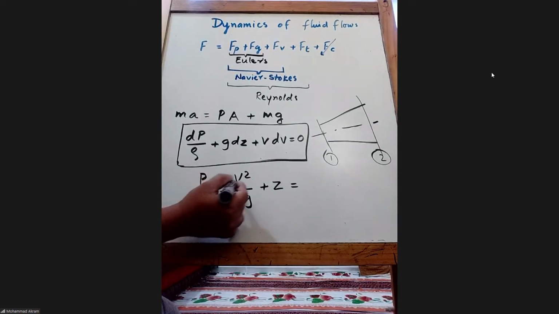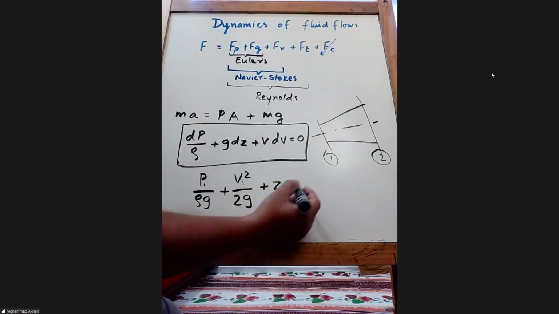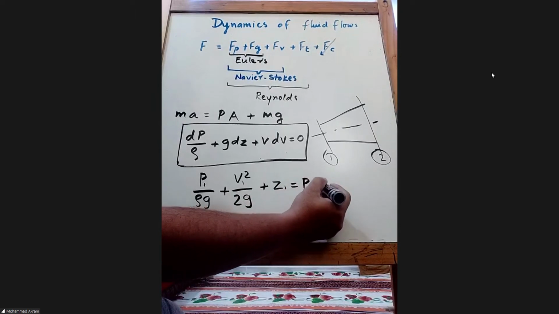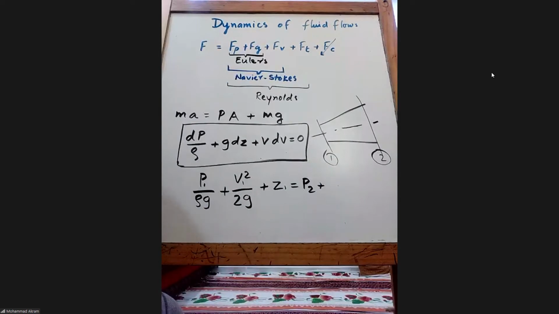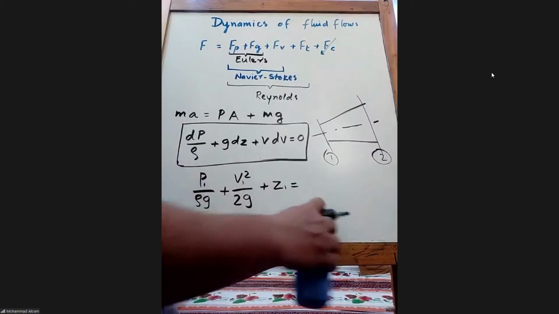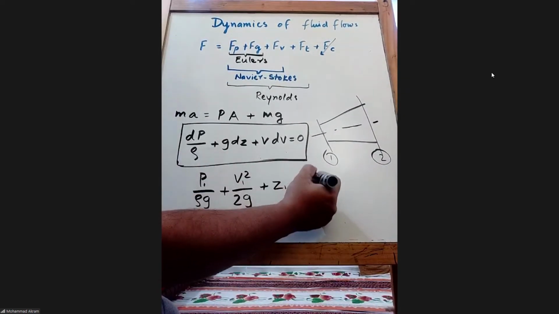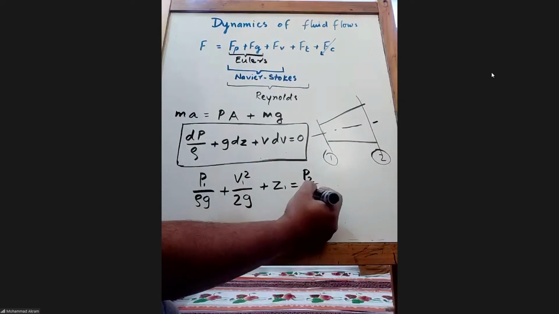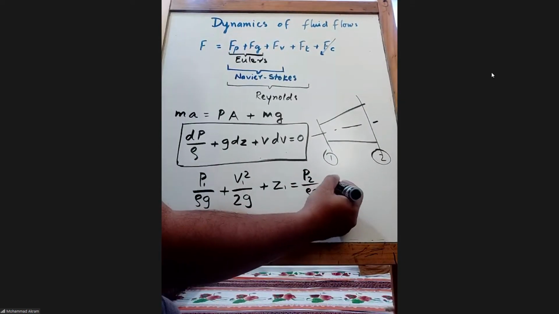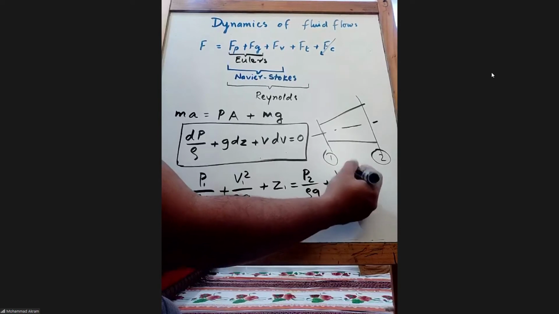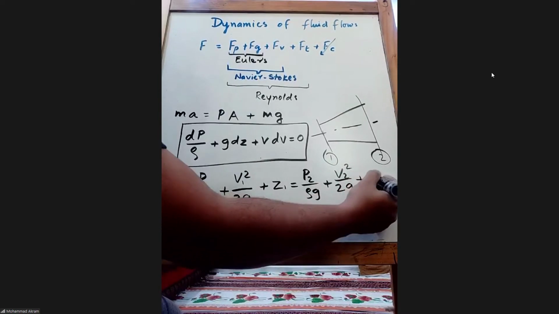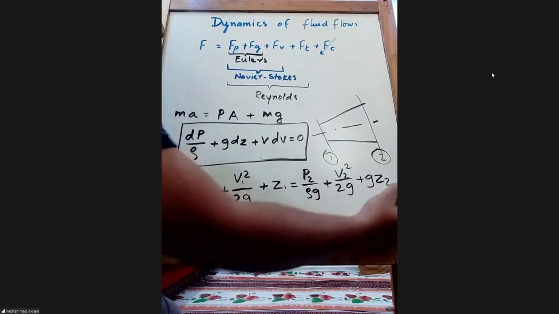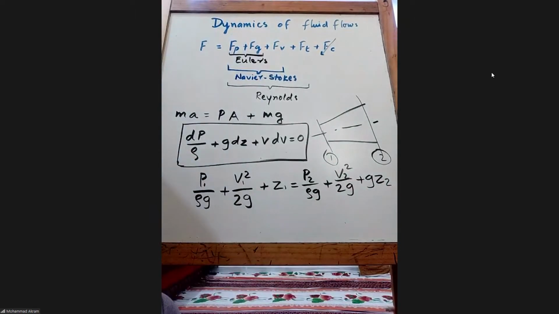So P1, V1, Z1 and P2 plus, so it will be equal to constant. If you apply at two places, it will be like this. It is constant, right?